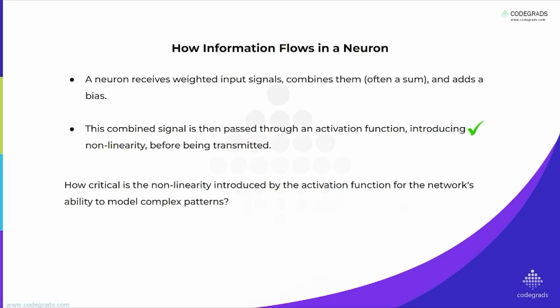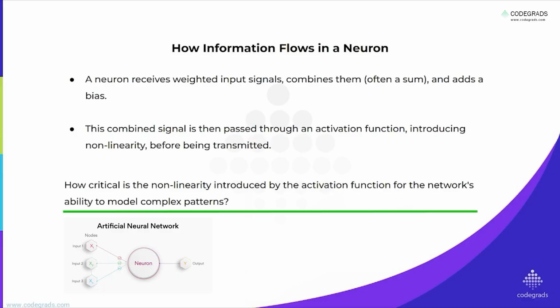The basic neuron is divided into two parts: one is the sum function and the other is the activation function. The activation function introduces non-linearity, and that is its work. How critical is the non-linearity introduced by the activation function for the network's ability to model complex patterns?